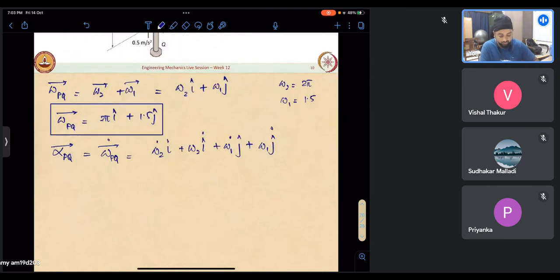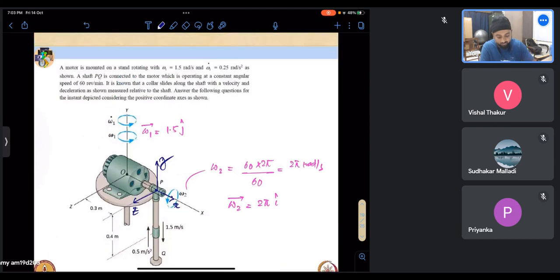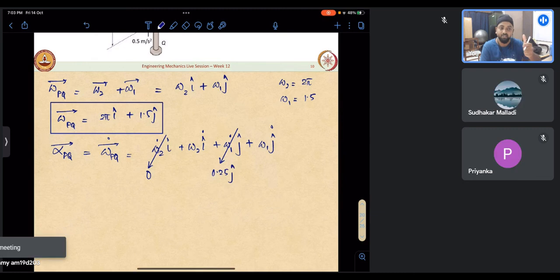Omega 2 is rotating with a constant RPM that we have been given, so it has no magnitudinal change. Omega 1 dot, from the problem, is given to be 0.25, so this is nothing but 0.25 J cap. It is in the same direction, the speeding up.